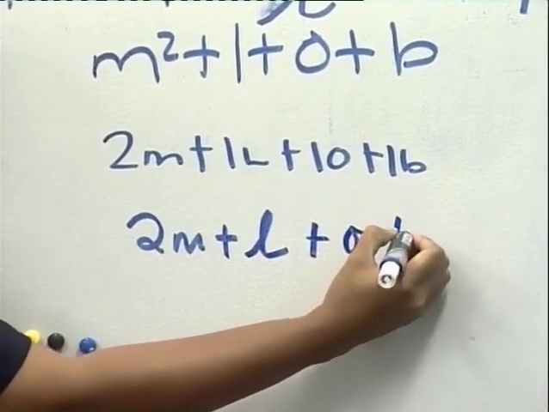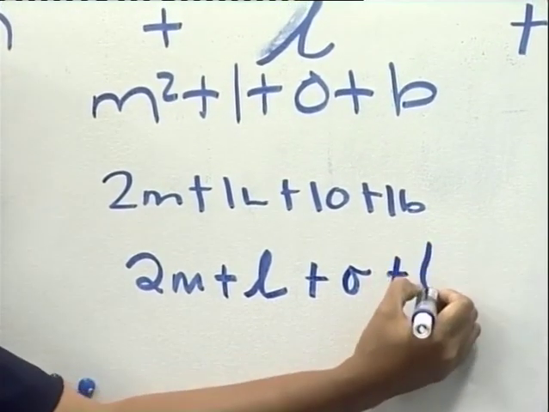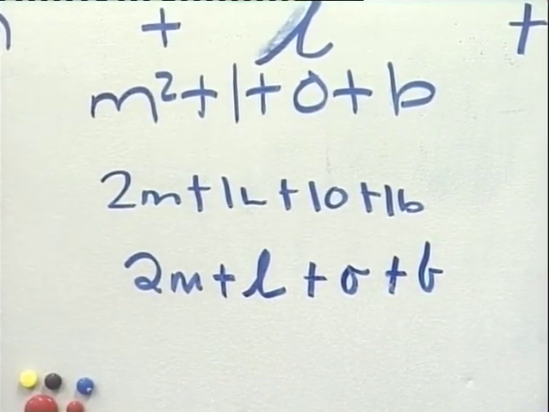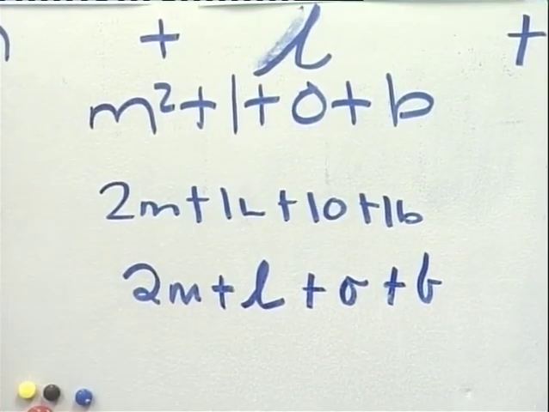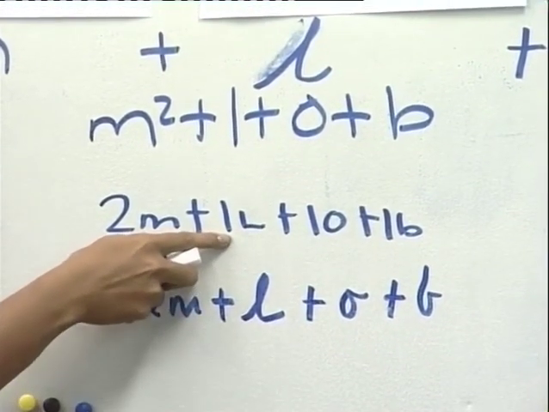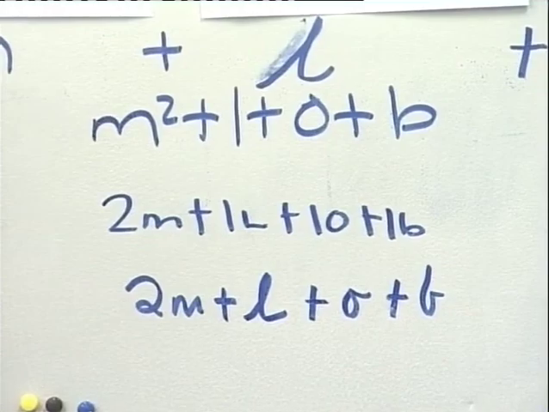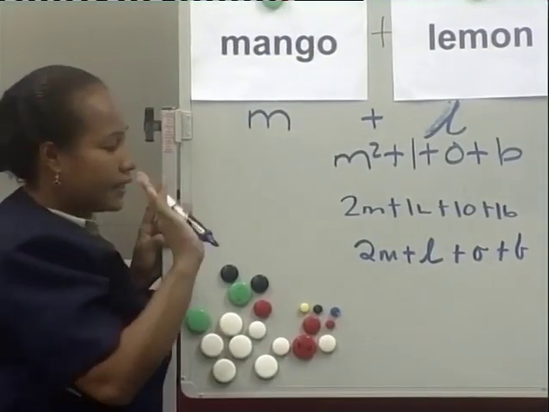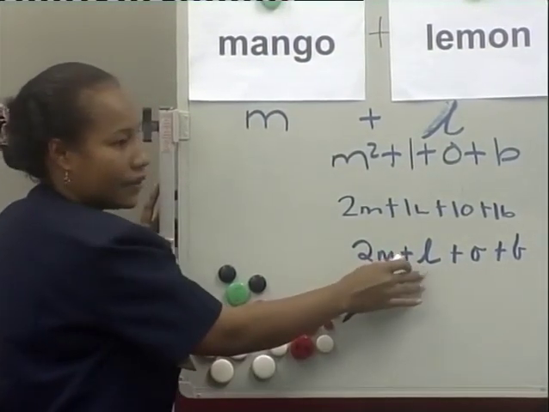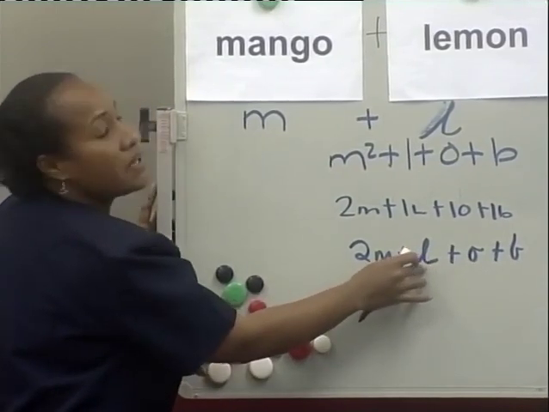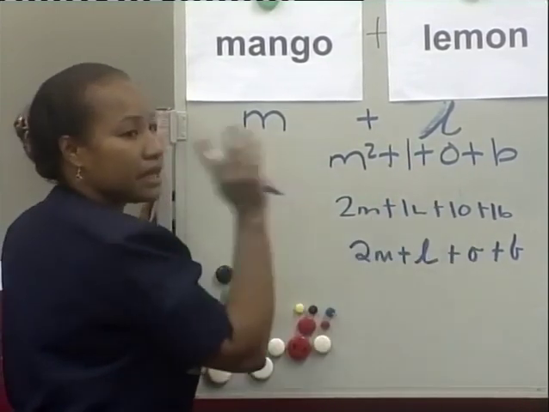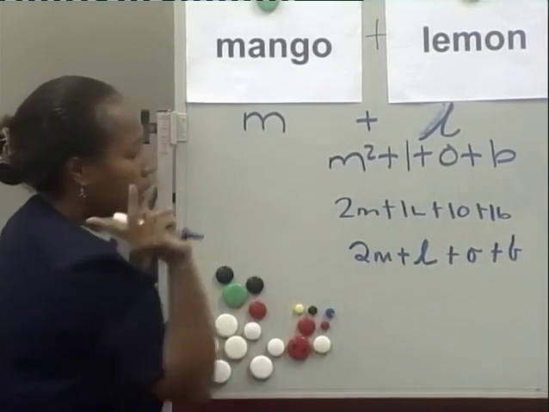O. Plus 1B? B. Okay. Again, in algebra, 1 and a pronumeral, do away with the 1. Invisible 1. Okay, so we have L simply is 1, O is simply 1, and B is simply 1.